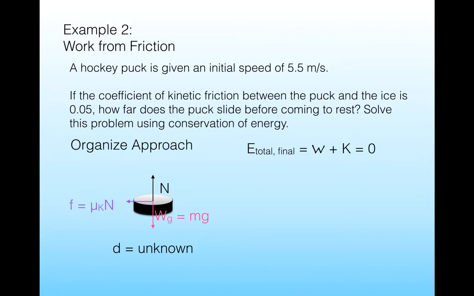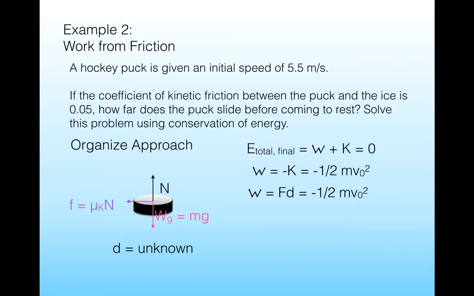organization, we know that the final energy of this whole system is 0 because at the end there is no kinetic energy, and so all the work has been done. We also know that the kinetic energy at the initial is equal to 1/2 mv squared, where v is v naught, the initial speed. So using this equation idea, we know that work is equal to the negative of that kinetic energy.